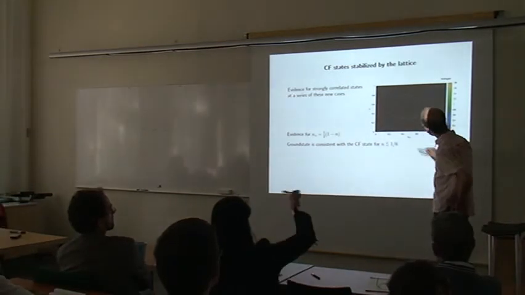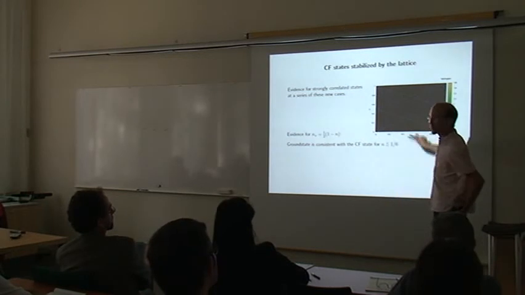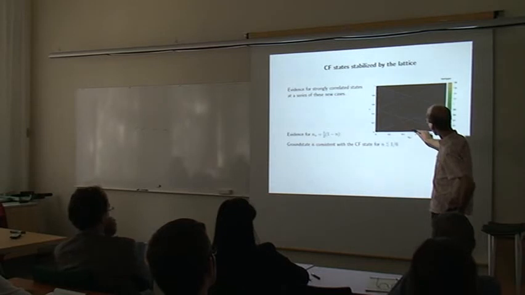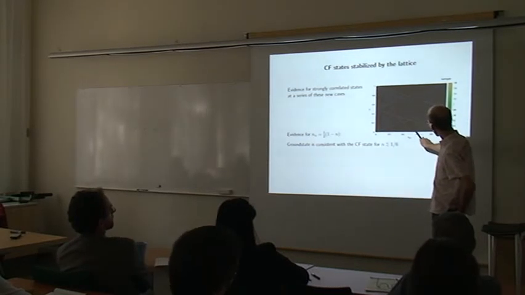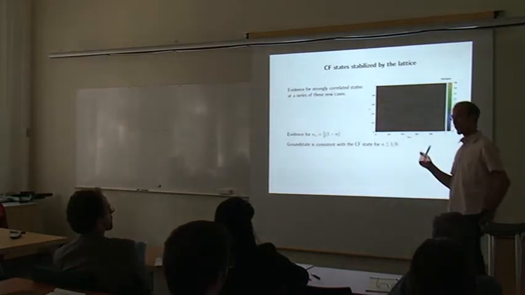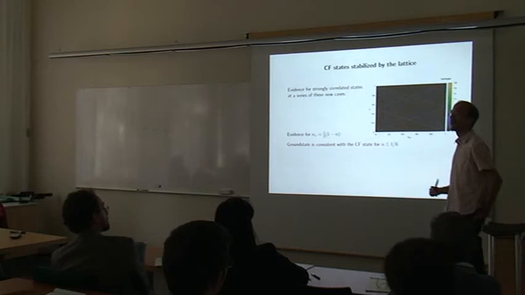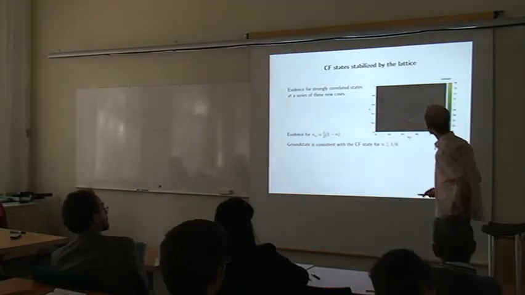So at n phi equals 1/2 there's this curve coming out, there's one here. There's a whole fan of these curves which become weaker and weaker, corresponding to smaller and smaller gaps in the spectrum. They're difficult to see, but they are there.